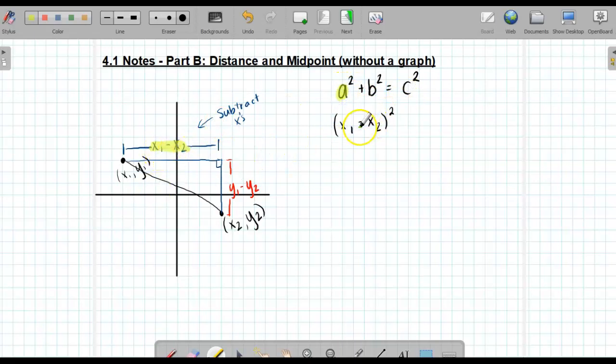So I'm just replacing the a with x1 minus x2. And then for my b, if I let that be this side right here, I'm going to replace that with y1 minus y2 squared. And that equals, I'm going to call this side right here d for distance. So I'm going to call that d squared.